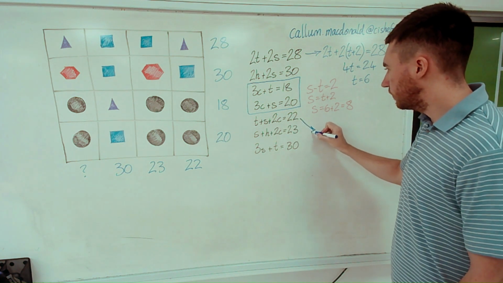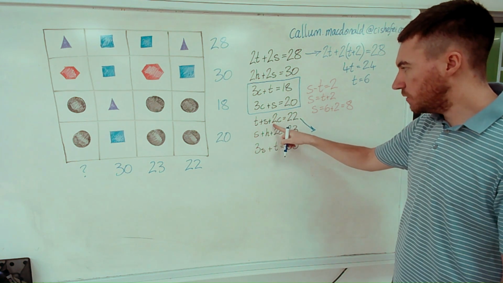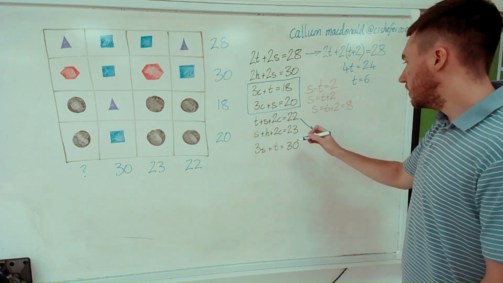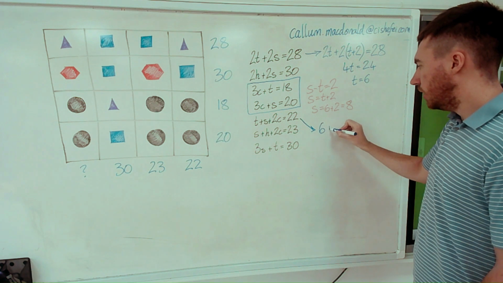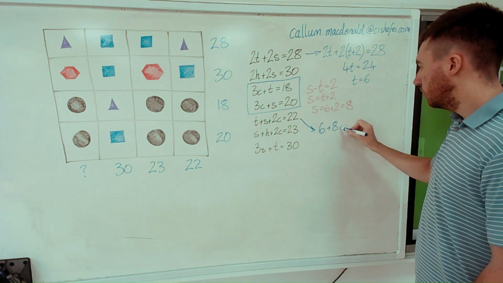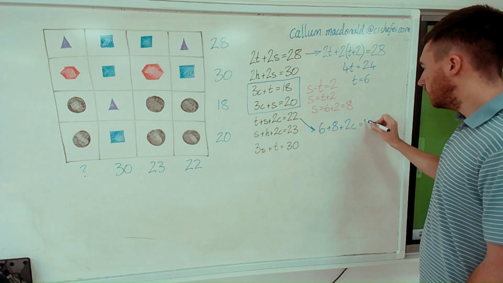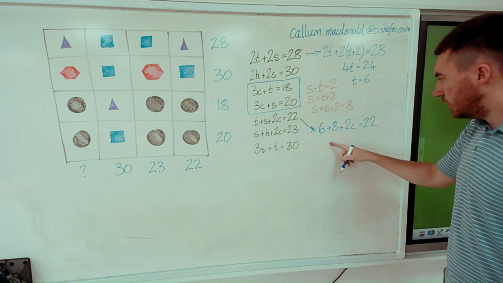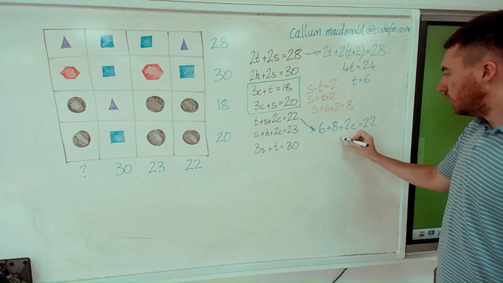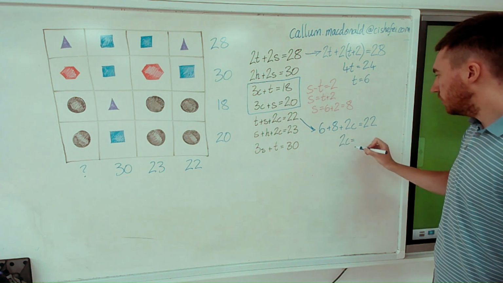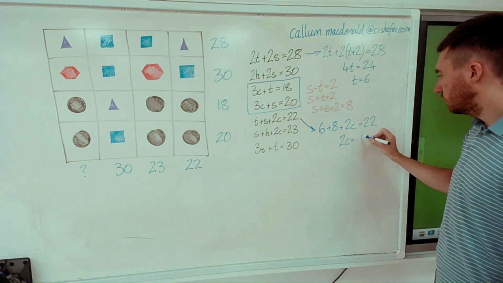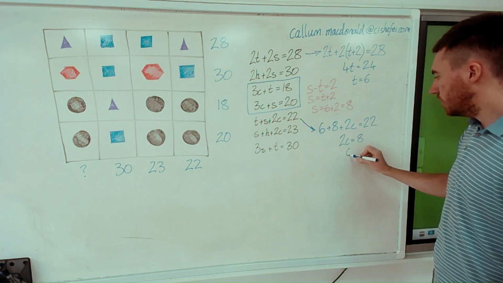So for this one, it's T plus S plus 2C is 22. Okay, T is 6, S is 8, plus 2C is 22. So I take away the 8 from both sides, I take away the 6 from both sides, and I get 2C is equal to 8, and C is 4.